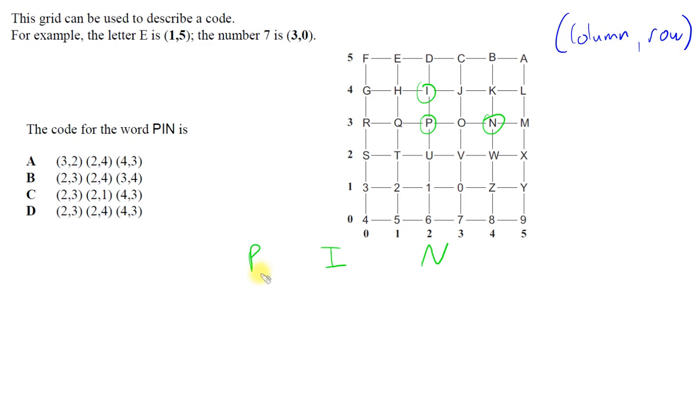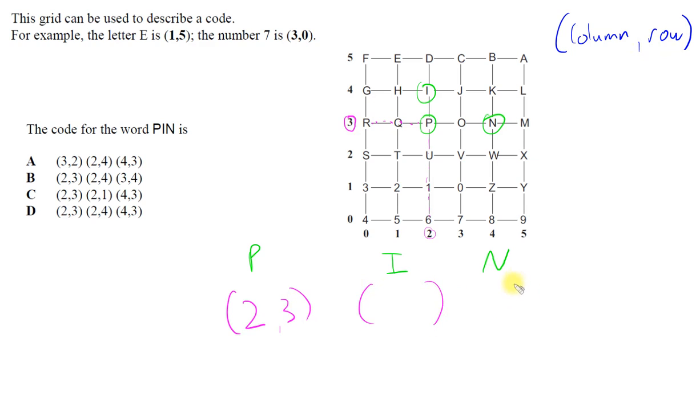And let's trace that out for our first letter, P. We know that the first number will be the one that's the column that the letter P is in. So if we go down from the letter P, we get to the number 2. So the first number in the code should be 2. And the row that it's in, going across, we find the number 3.